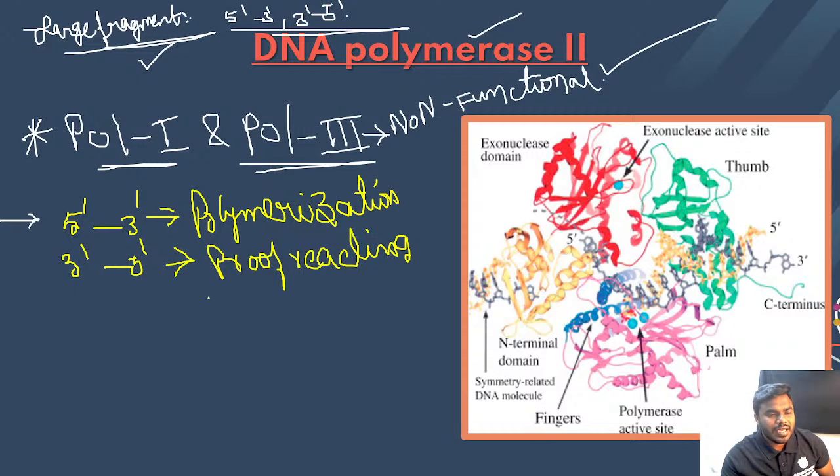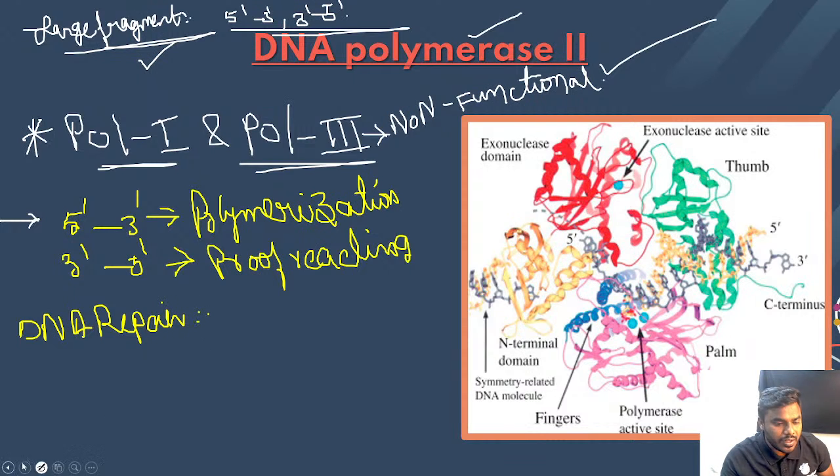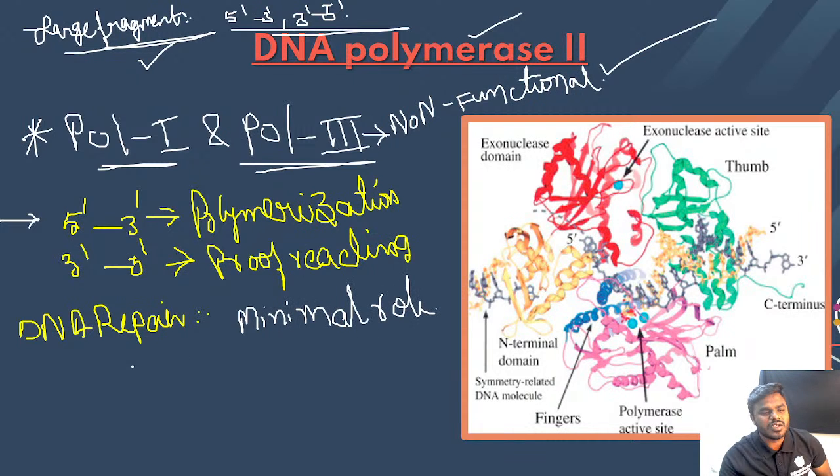And friends, if they have asked you a question in the exam, is DNA polymerase 2 involved in the DNA repair mechanism or not, then I want every student to remember only one word: DNA polymerase 2 has only a minimal role in this DNA repair mechanism.